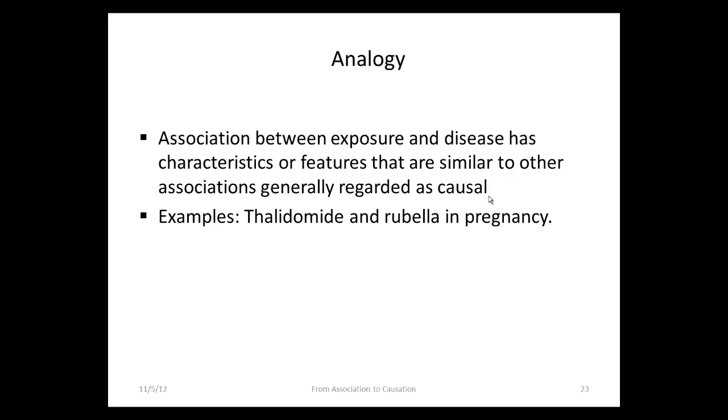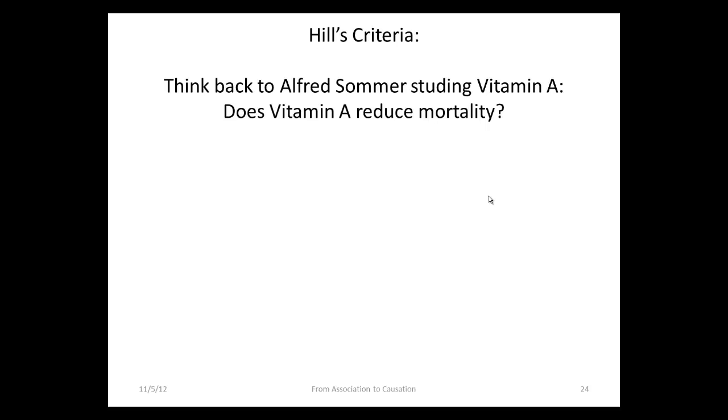So when the concern about thalidomide causing birth defects came around, because people knew that if mom contracted rubella during pregnancy, her child might have birth defects, we could imagine also that a medication that she took might work in utero to harm the child in a similar way. So that analogy was helpful.